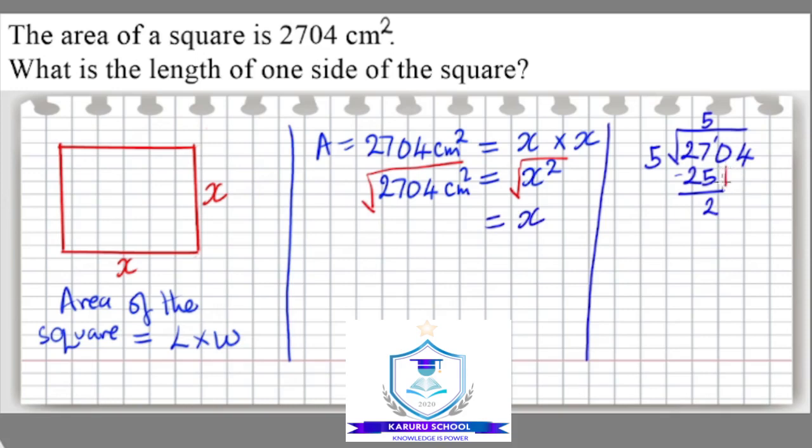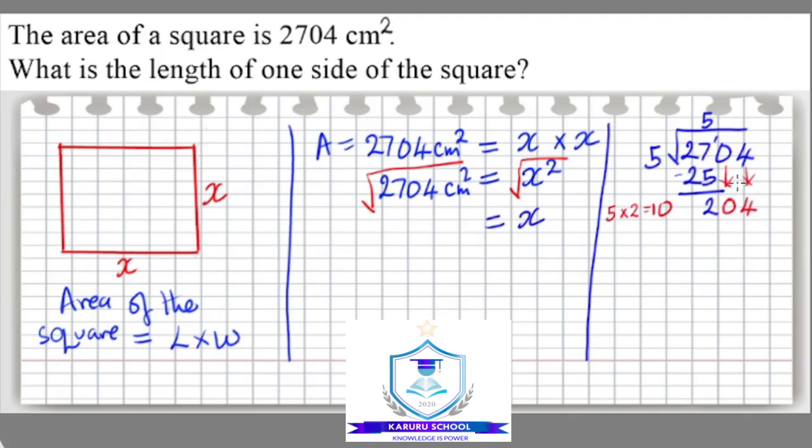So we have to drop 0 and we have to drop 4, so that we get our new value as 204. Then the next thing would be to double the number that we have at the numerator. So here we have 5 multiplied by 2, this gives us 10.